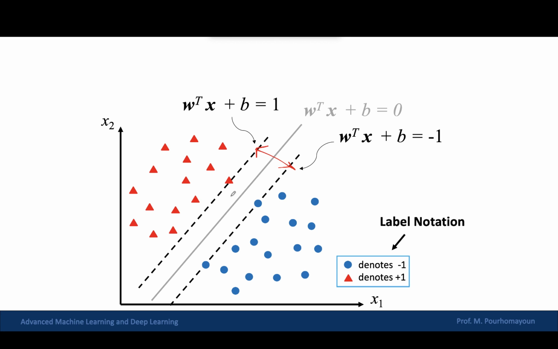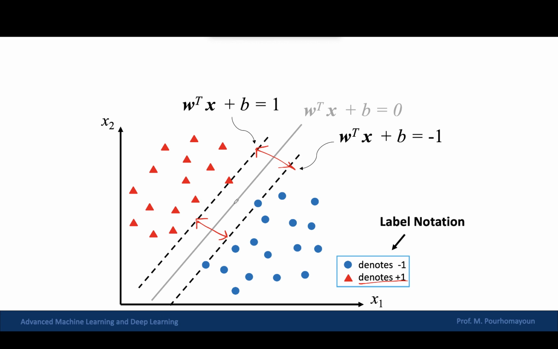So now I want every data sample which is positive to be on the left hand side of this area, the whole area, this gap. And any blue sample will be on the right side of this gap.